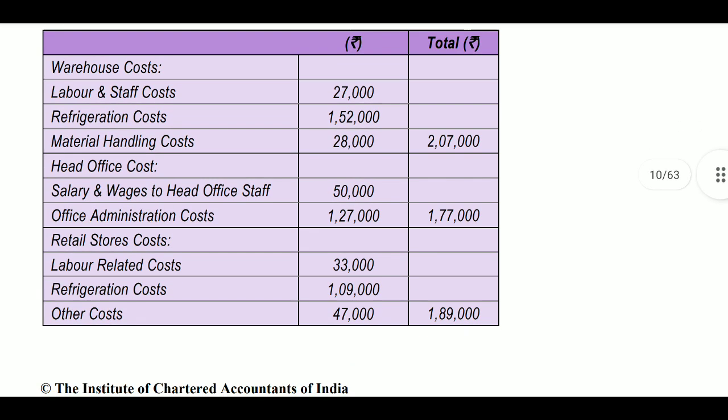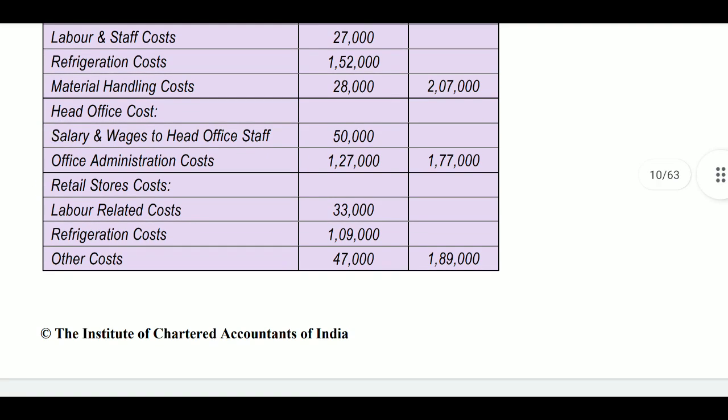Next, head office cost is not related because it is not controllable by the divisions. It is not relevant. Salaries and wages of the head office staff are not required. Office administration cost is not reflected; it is an irrelevant point. Next, retail costs.